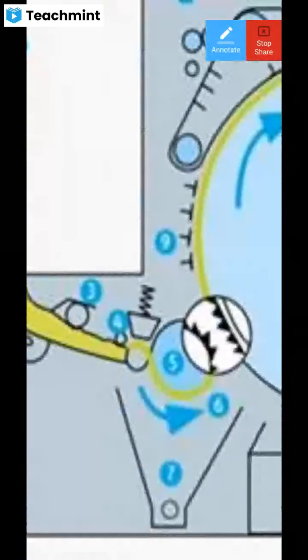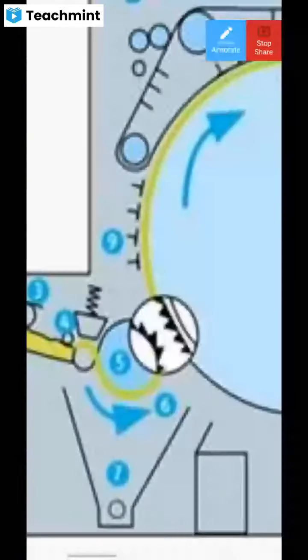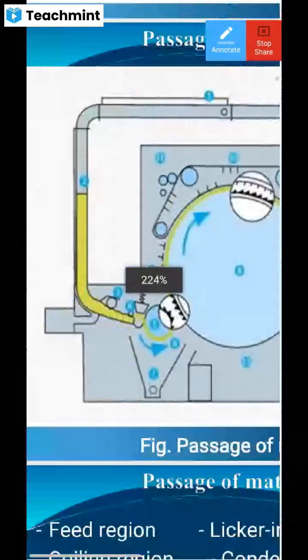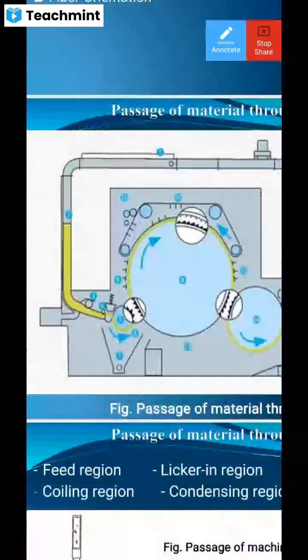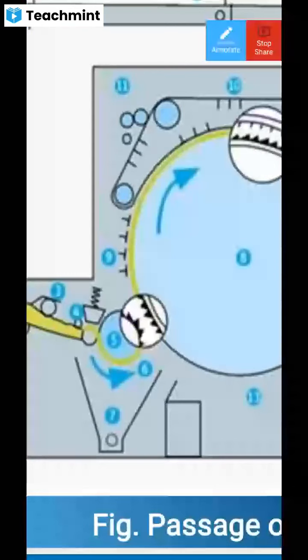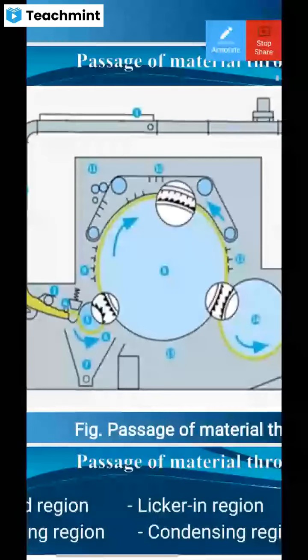This area is the feeding zone. The Lickering, the lap roller is available here. This is the feeding zone area. Under the Lickering region is the Lickering undercasing. Part number 5 and part number 6 are the Lickering undercasing and Lickering under feed roller. Those come under the category of the Lickering zone, Lickering region.